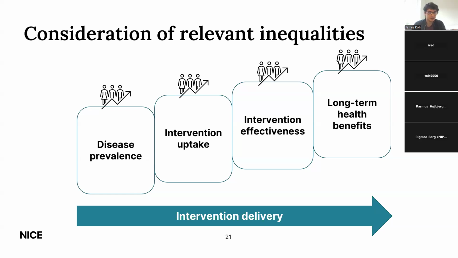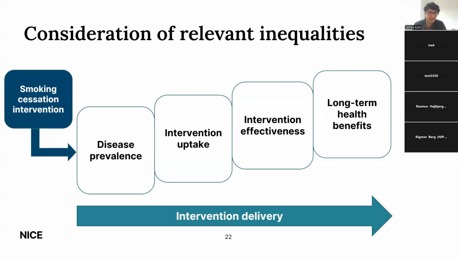You start off with differences in disease prevalence, then how many people are receiving the intervention from that eligible population, whether there are differences in the effectiveness of the intervention, and whether some groups benefit more. And then the longer term health benefits, things like mortality and quality of life going forward.